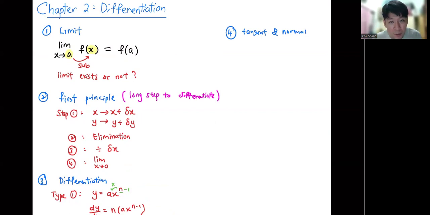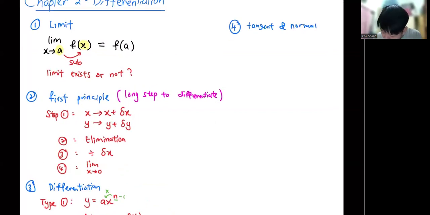Tangent and normal, these two are actually straight lines. The relation between these two straight lines is 90 degrees. It's not a normal straight line, it's a 90-degree form. So the graph looks like this.